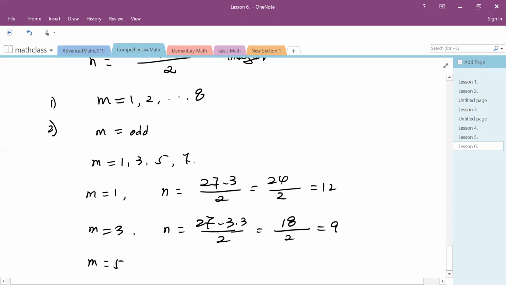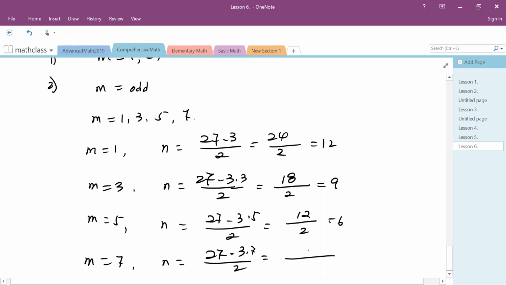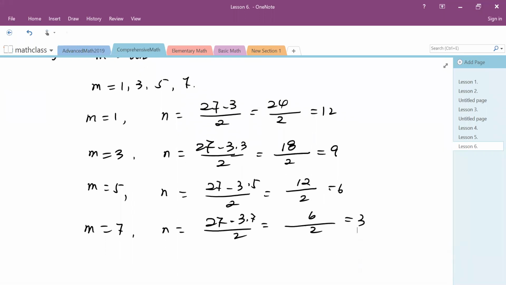So you will get all the solutions. With m equals 5, 3 times 5 is 15, 27 minus 15 is 12, so n is 6. Then the last one, 27 minus 21 is 6, so it's 3. So indeed, we got 4 solutions.